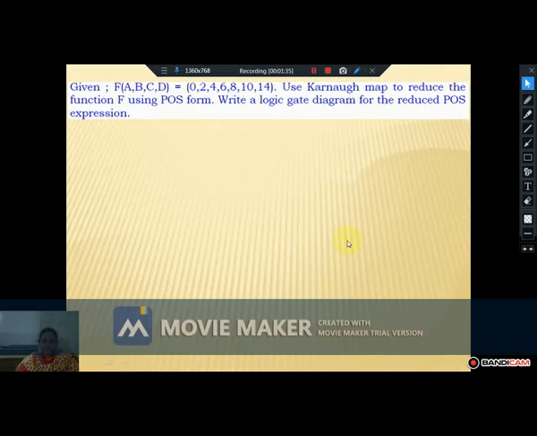I have taken one question from the question paper which says: given function f of a, b, c, d is equal to, they have not specified whether it is pi or sigma.